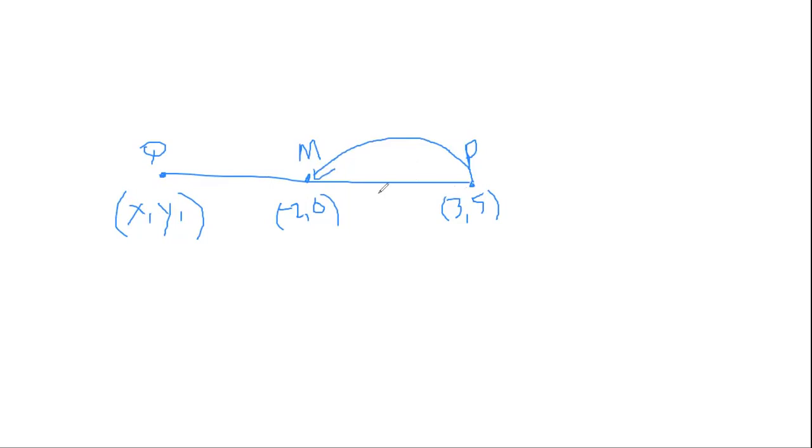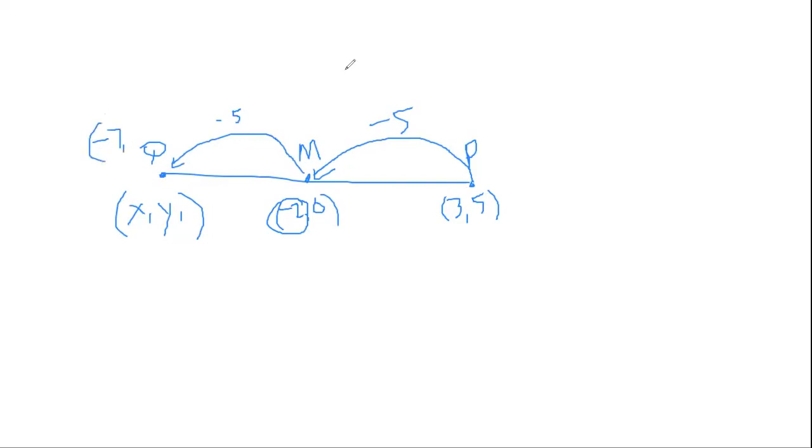From 3 positive to -2, how many is that? I went down 5, right? So I've got to go down another 5 for M to truly be the midpoint. So from -2 down 5 more, my x value should be -7.